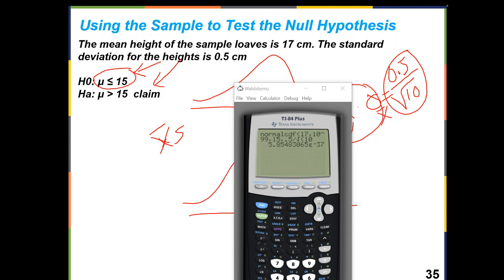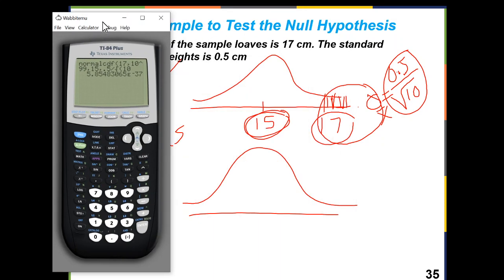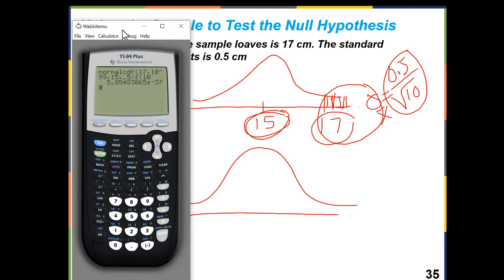Now, what if you convert it to z? Well, if you want to use the z distribution, then you're going to have to convert that to z. 17 minus 15 divided by that standard deviation, 0.5 divided by the square root of 10.